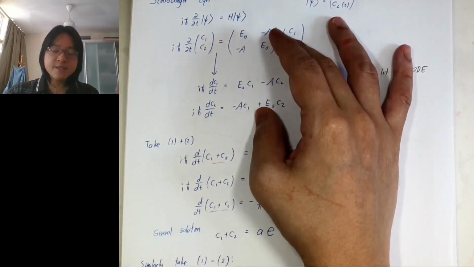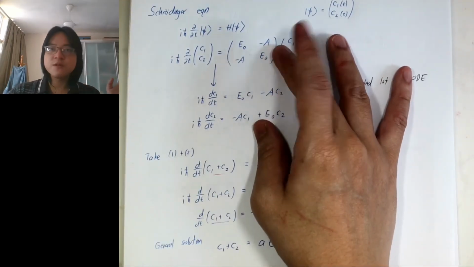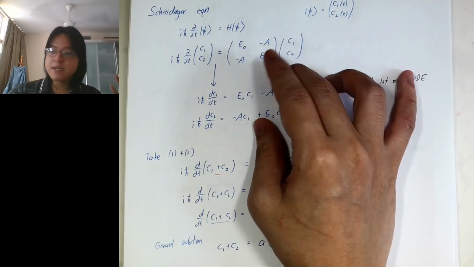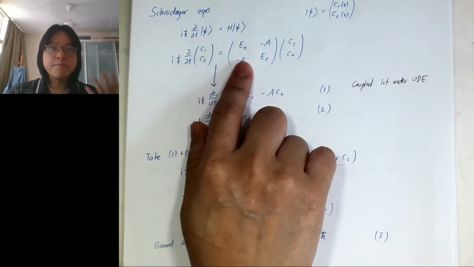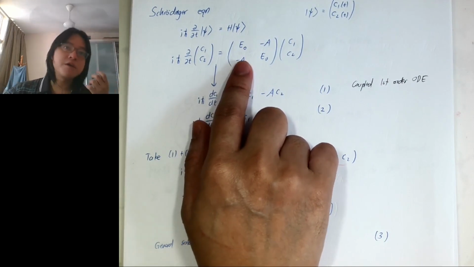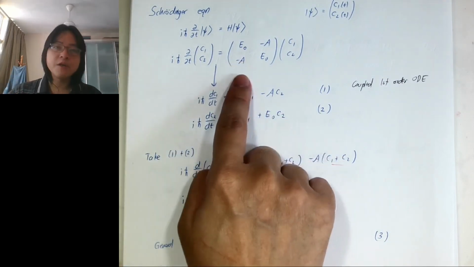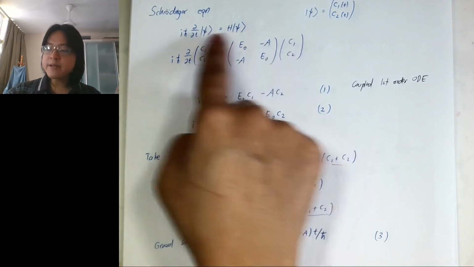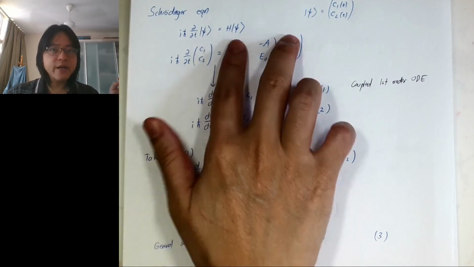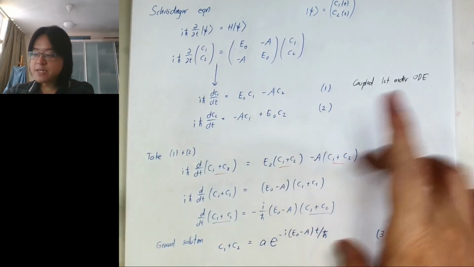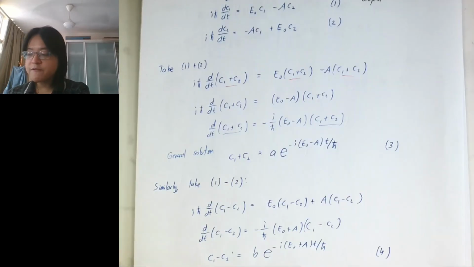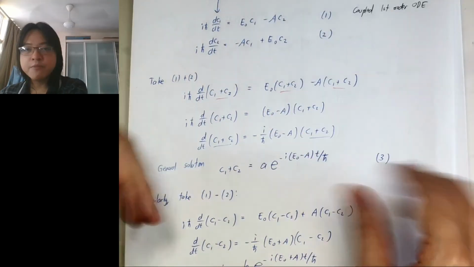To summarize, without going to a new thing: what we have found is the Schrödinger equation obeyed by an ammonia molecule or any polar molecule. Written in this basis, I have split my Schrödinger equation into two coupled first order ODEs, and using this trick I just want to solve for C1 and C2. So I do this manipulation.